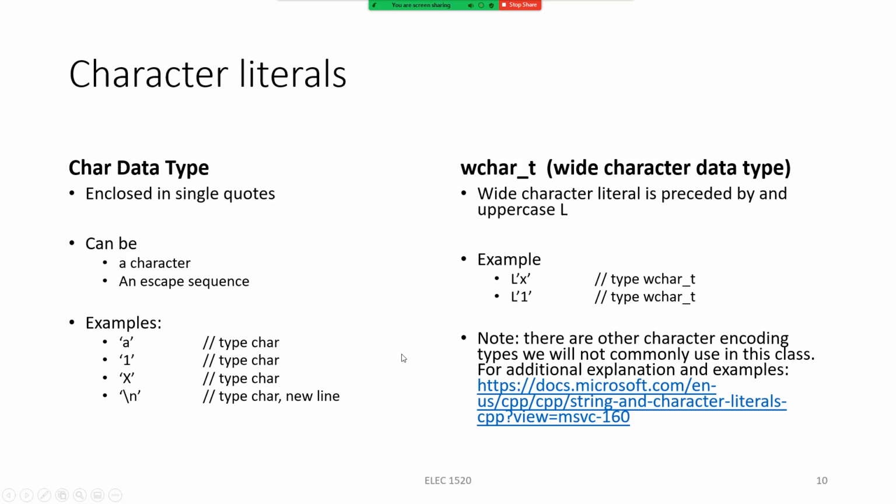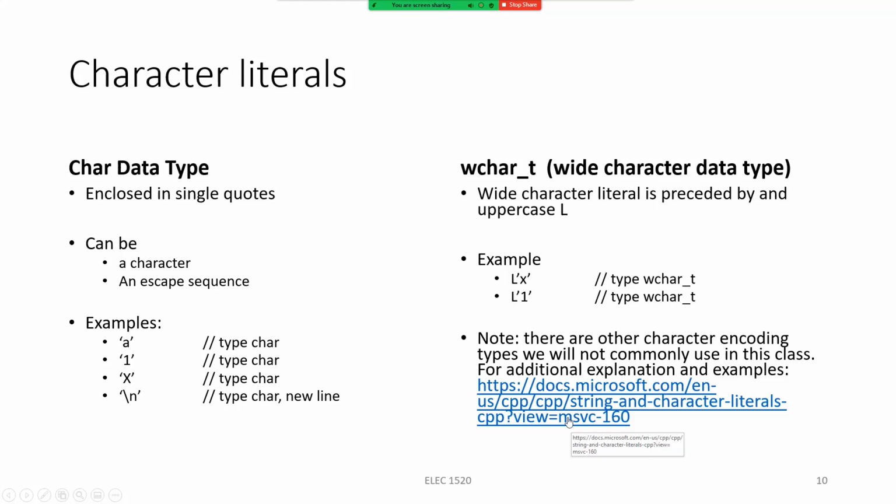There are other types of character data as well. We won't be working with a wide character data type in here, but if you're ever looking at someone else's code or looking at examples on the internet, wide character type data is preceded with an L. Notice it's still wrapped in single quotes, but it's preceded by an L. That's not something that you have to know for this class, but if you want to use another character set, I've got a reference: Microsoft has a good listing of the various different ways.